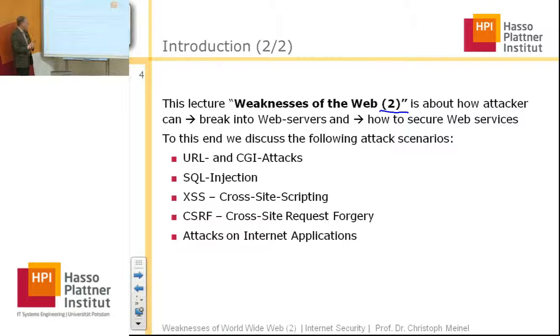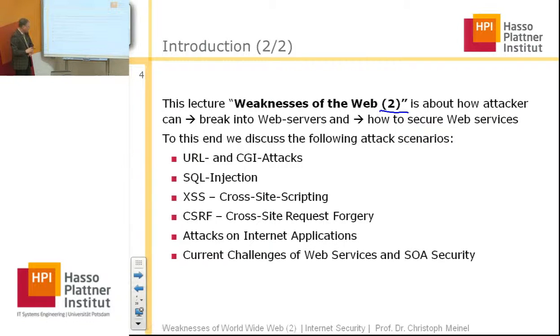And we will give a short introduction into attacks on internet applications. Then at the end of the lecture, we will give a short overview about how to secure web services.